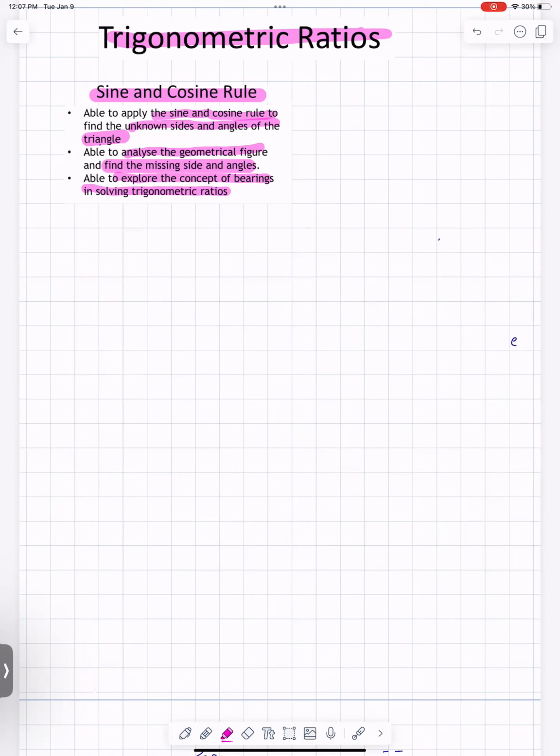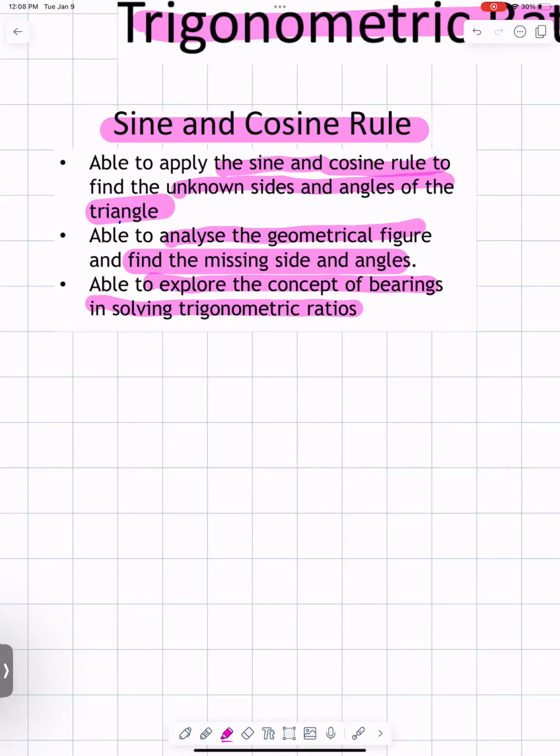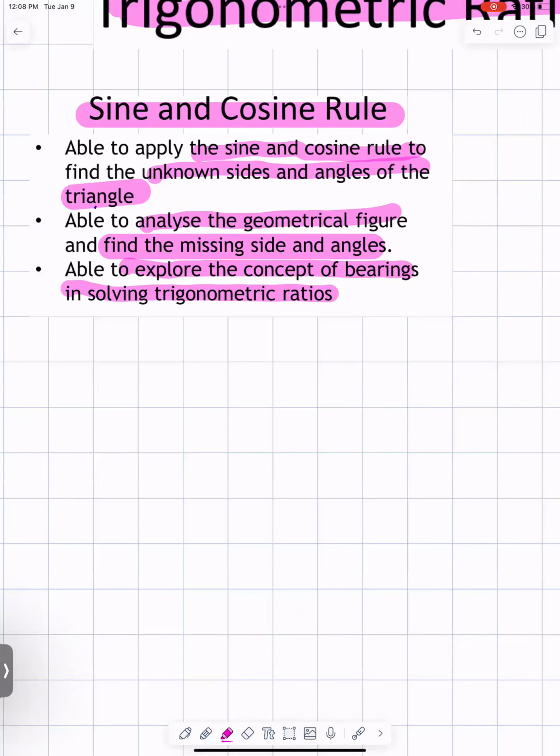So on this, I would like us to take a brief revision on trigonometric ratios. Looking back at the right angle triangle, the right angle triangle has an angle of 90 degrees.